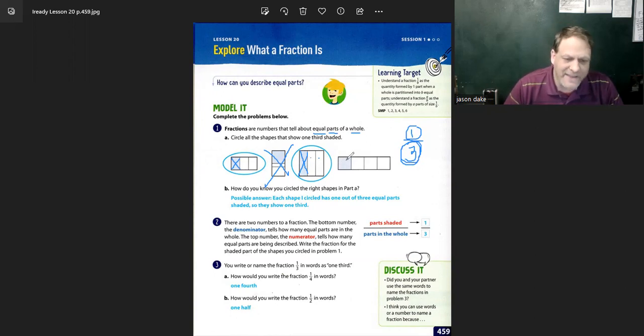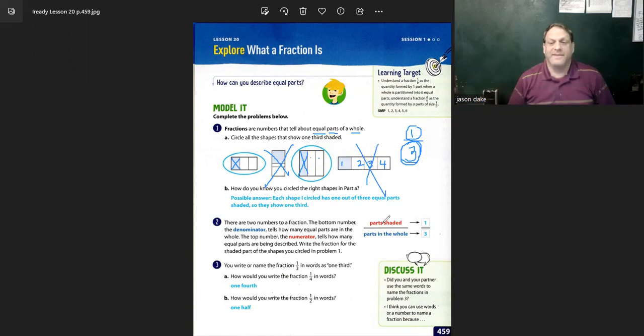Now this one has 4 equal parts: 1, 2, 3, and 4. This would not be it. I already know that because it's 4 equal parts, not 3. It asks for 1/3 shaded. So 3 parts, a whole, and 1 shaded to make 1/3.